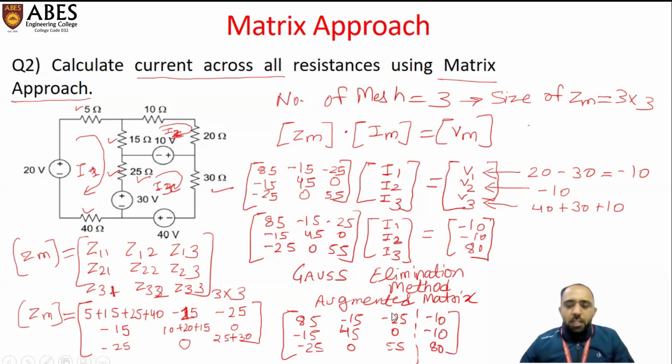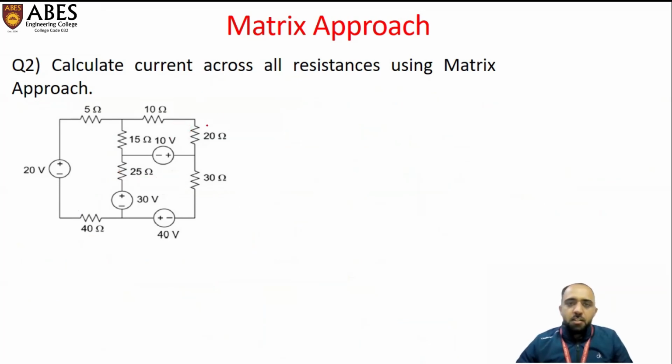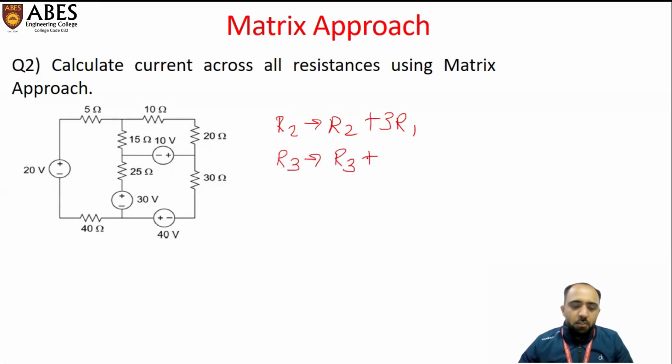Now we can write the operations here. So operations are row 2, R2 plus 3R1. These are hit and trial operations. We need regular practice while solving these types of equations using Gauss elimination method.